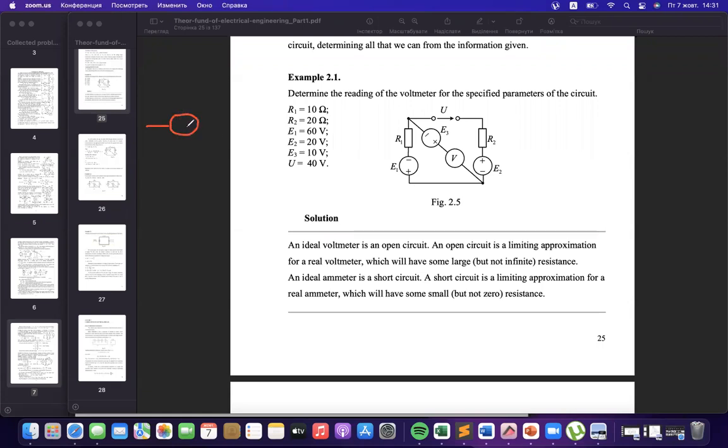Voltmeter is connected in parallel, and amperemeter is connected serial.